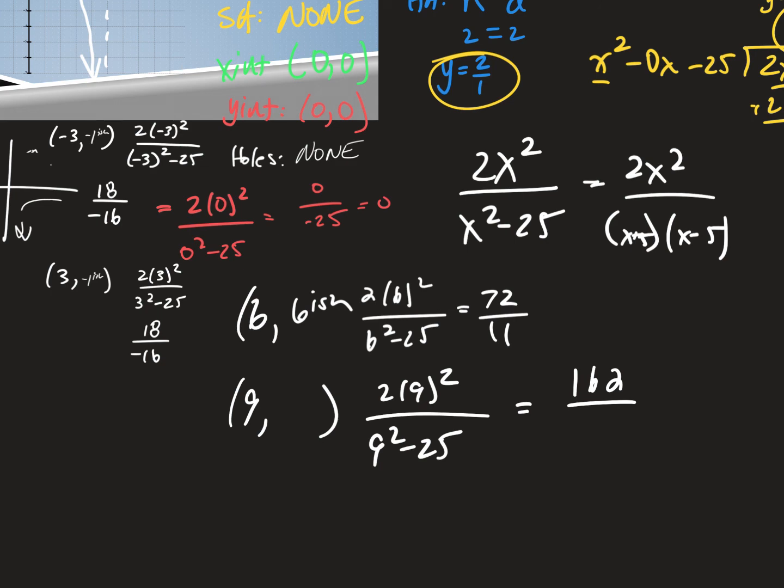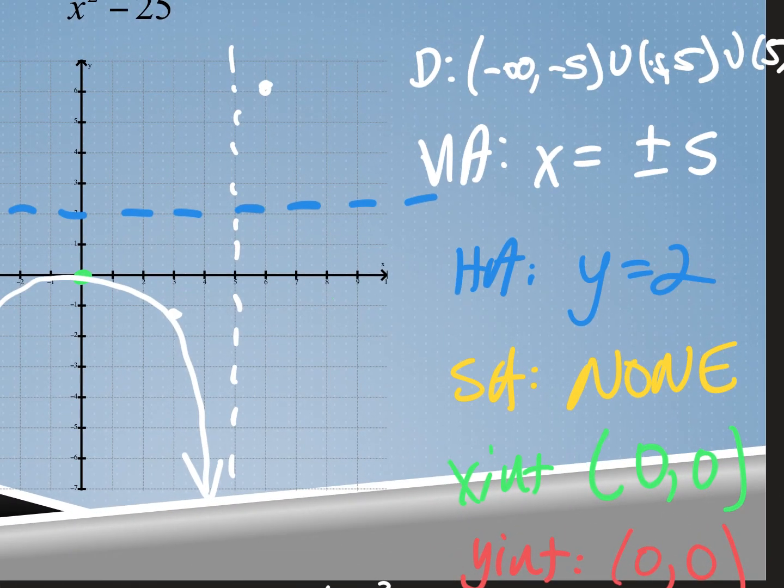Good for you. So when I plug in 9, how many times does 56 go into 162? 3-ish? How about 2-ish? 2-ish, right? So I go over 9, and it's 2-ish. It's just above our horizontal asymptote, correct?